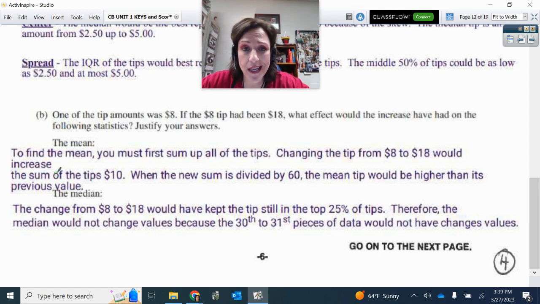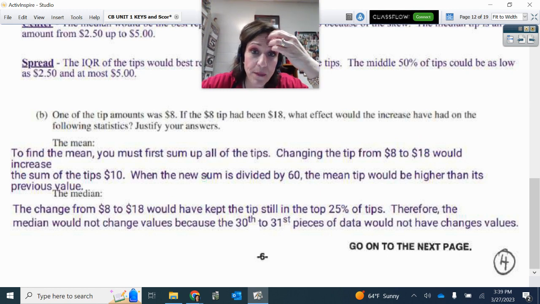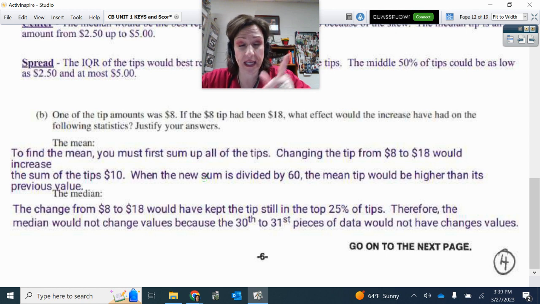In fact, we could have even said how much it would have increased by doing $10 divided by 60 is how much the old mean would have increased by. So in order to get credit for this, first you had to say it went up, but then you had to say how that happens.